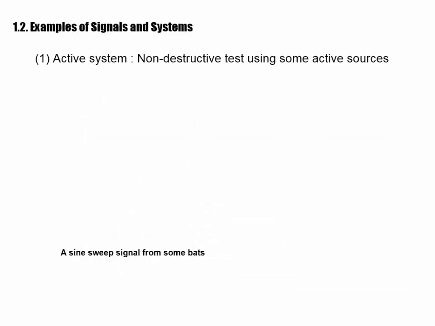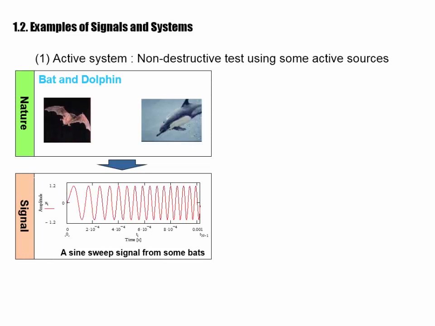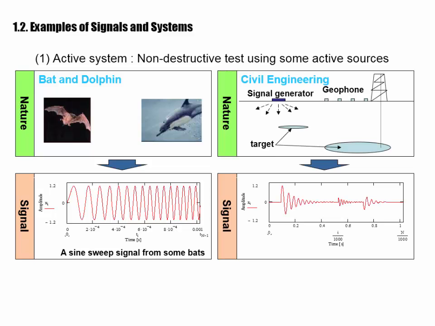Then we'll talk about the system. We have an active system, passive system, and feedback system, or self-controlling system. An active system is what? It's like a bat and dolphin. They have their own energy to propagate the signals, right? Bats and dolphins use ultrasonic frequency to detect obstacles in front of them, and they use a sweeping signal.